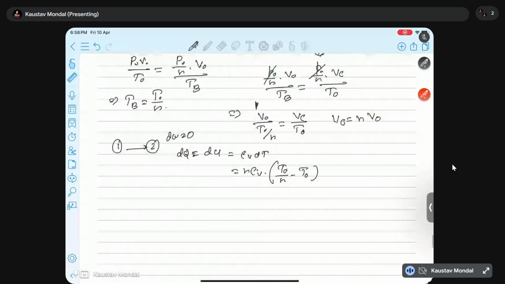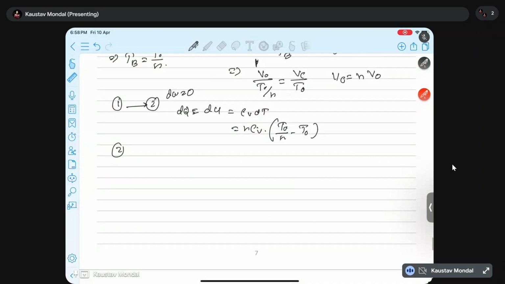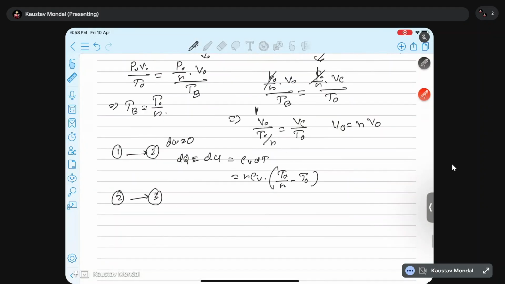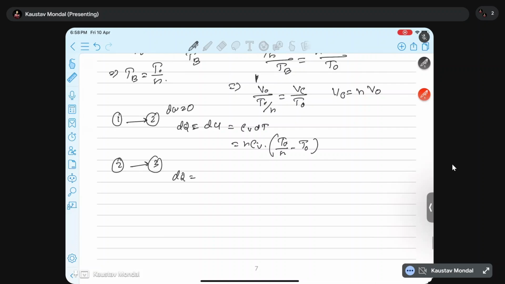Now from process 2 to 3, two things are happening. Both the temperature gets changed and also the volume gets changed. So dQ will become dU plus dW. So dU is n Cv dT, right? And dW is P dV, and P dV you can also write as nR dT, since it's an ideal gas.